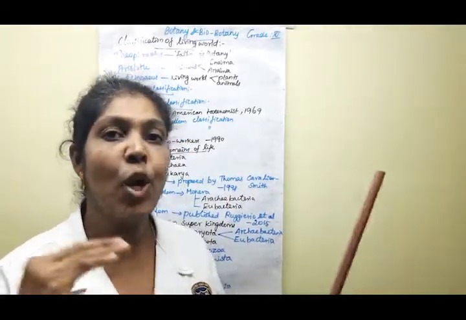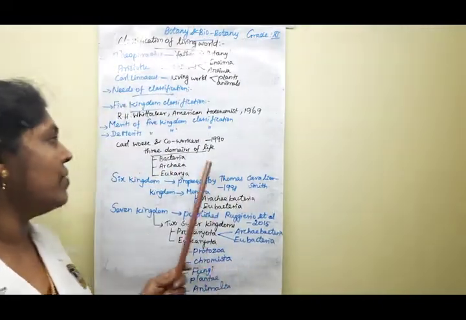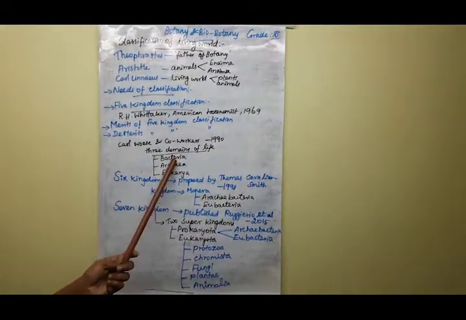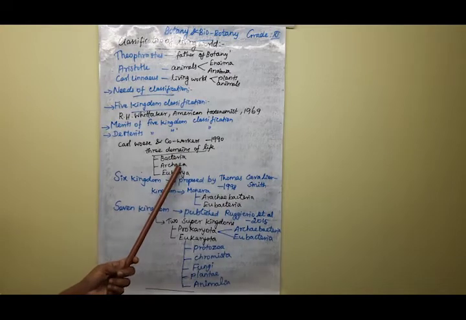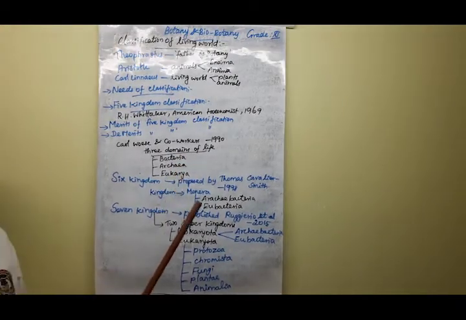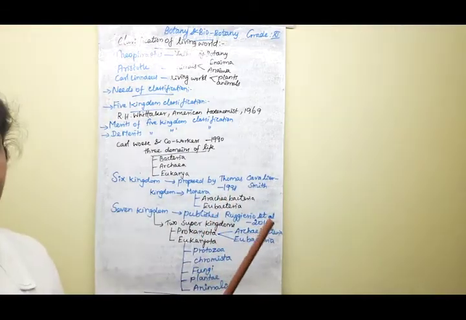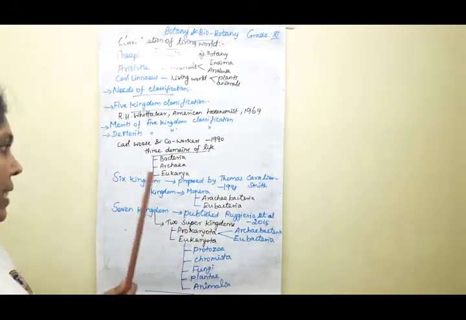Based on that, the 3 domains of life are Bacteria, Archaea and Eukarya. These are the 3 domains of living organisms. Clear, children? Yes.